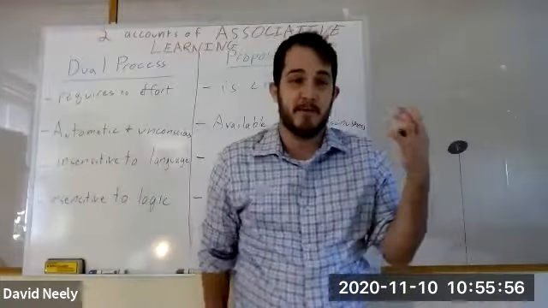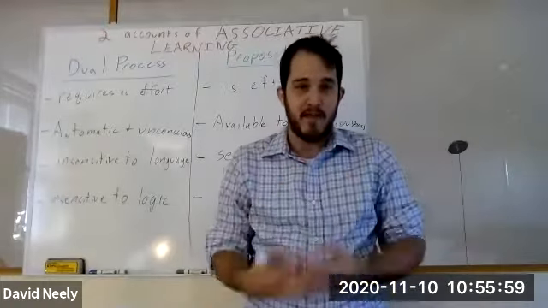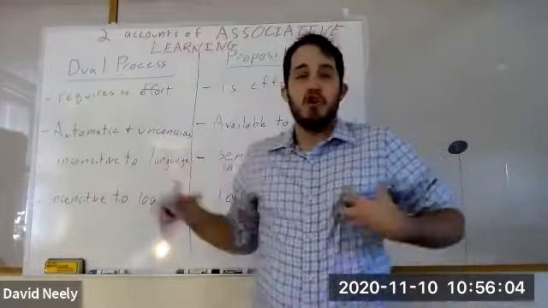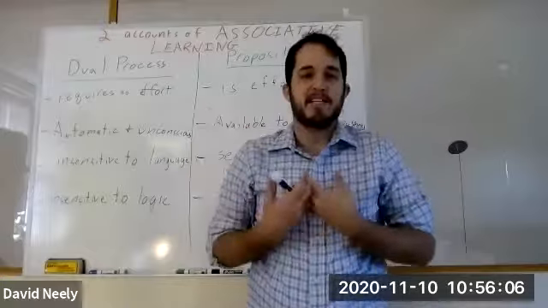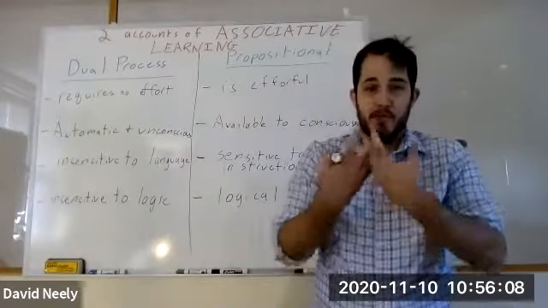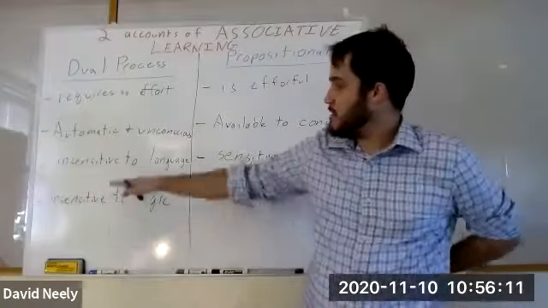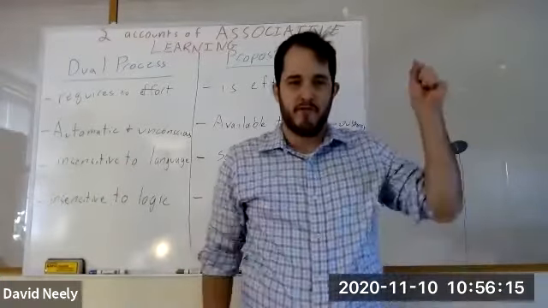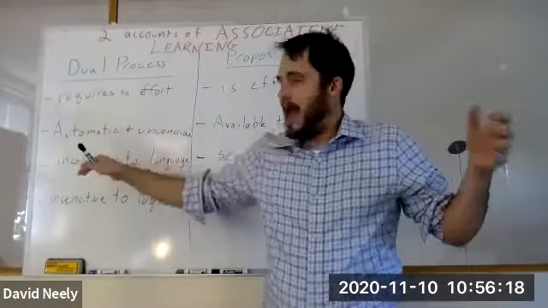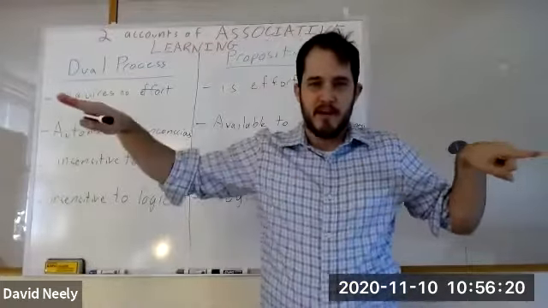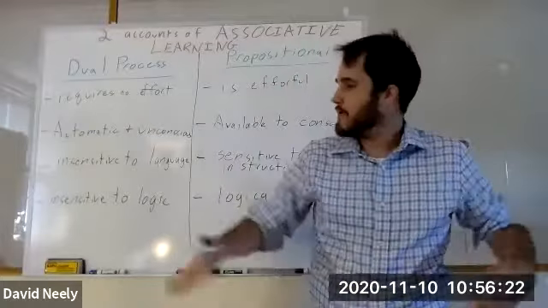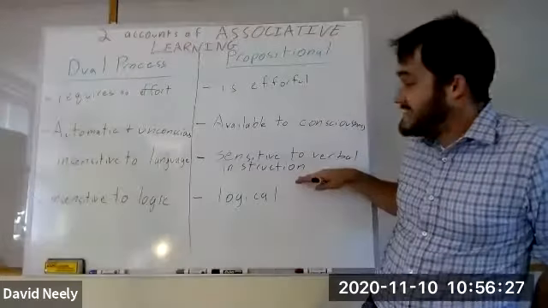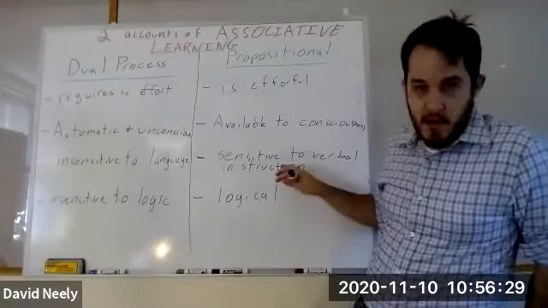If someone has it wired in that blackness is bad, you're not going to untangle that by explaining reasons why not. It's purely wired in there. In the same way, if you have an electrical charge running from a battery to a light, and you press a button, you can't explain to the battery, don't turn on the light. It's just going to do it automatically. If, however, it is sensitive to verbal instruction, that's a sign of propositional.